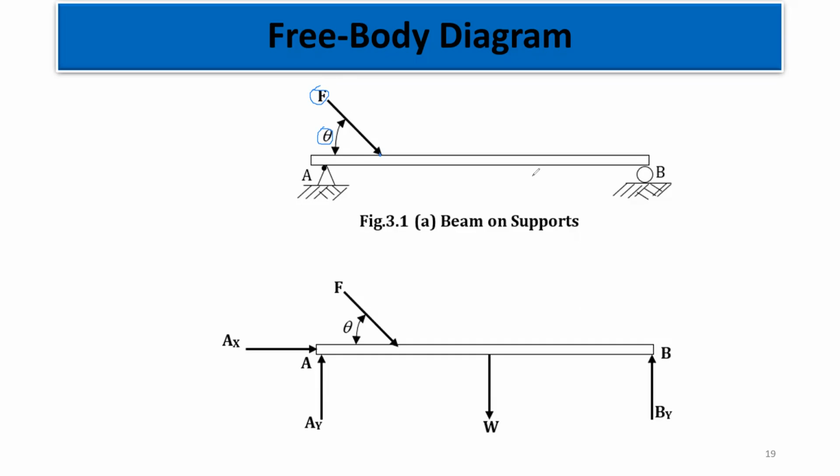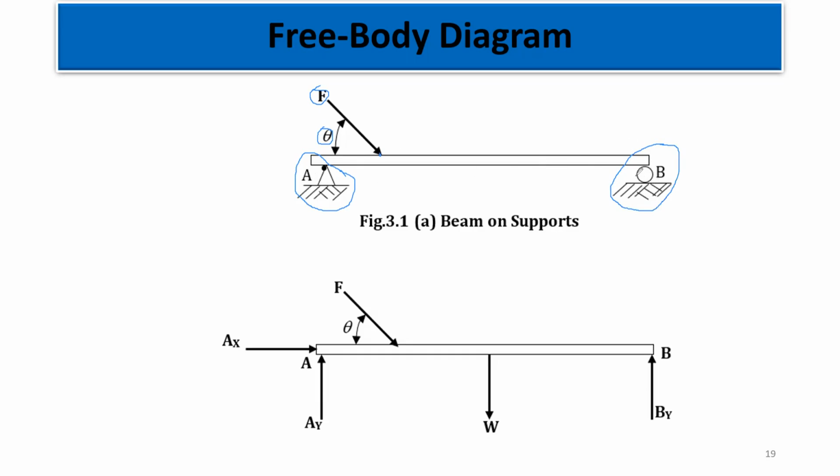Now, if you look at the figure carefully, you realize that we have what we call supports here. These are what we are calling the supports, because this beam is resting on these supports.